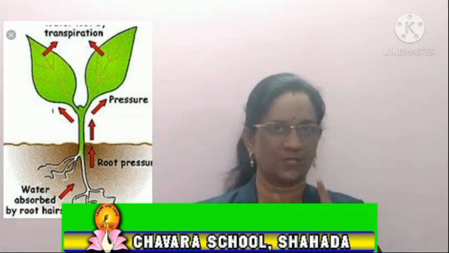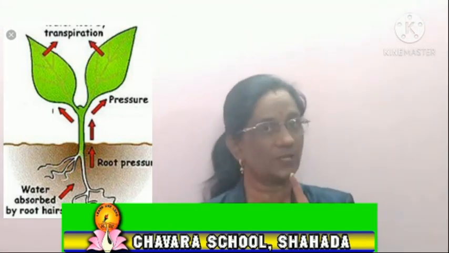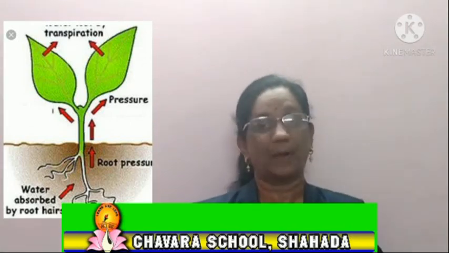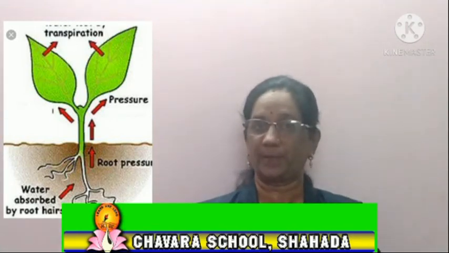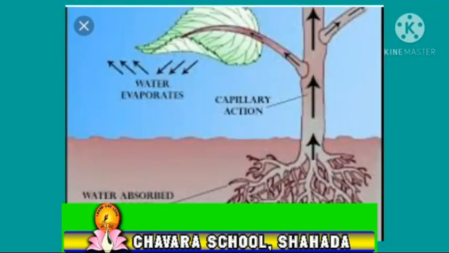This root pressure is developed due to the continuous inflow of the water by the root cells, and this pressure helps the water molecules to reach the central xylem, and then it pushes the water molecules and minerals in the upward direction to the stem and the leaves up to a certain height.